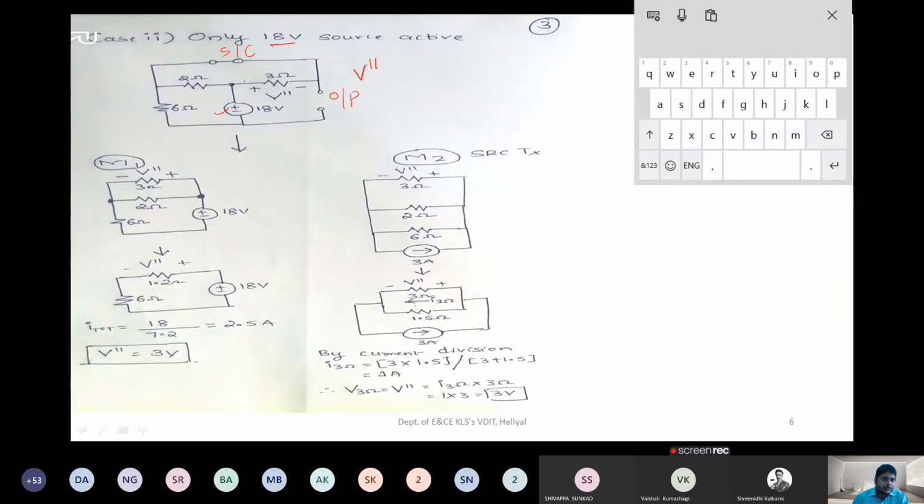As a beginner, you mark something like AB. Across AB you have this 3 ohm resistor, and point A is at positive polarity. And point B is open. So how to adjust that? Okay, this is point B, sorry, and this is point A I have considered.